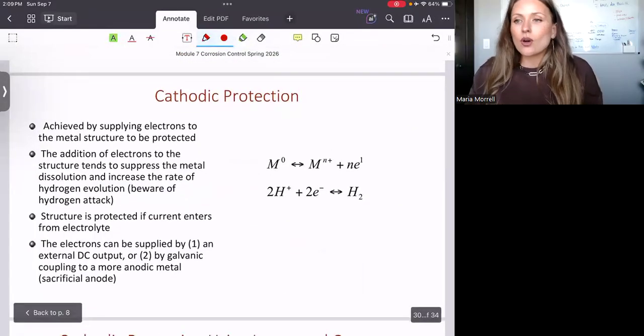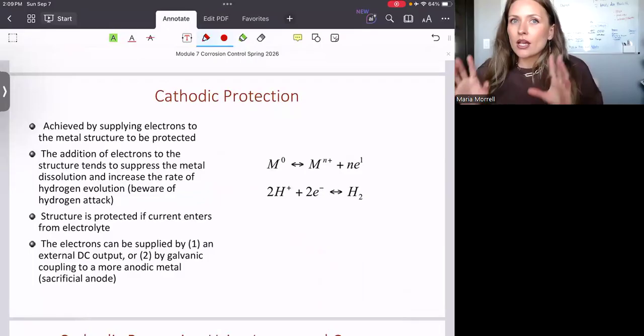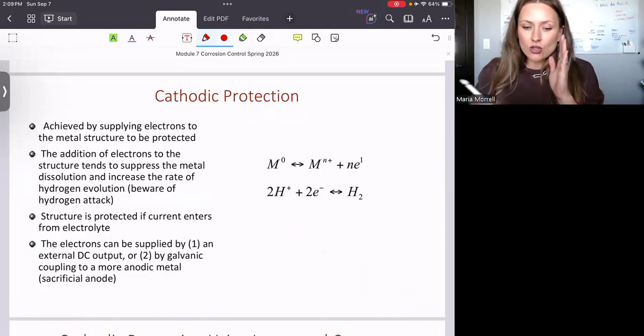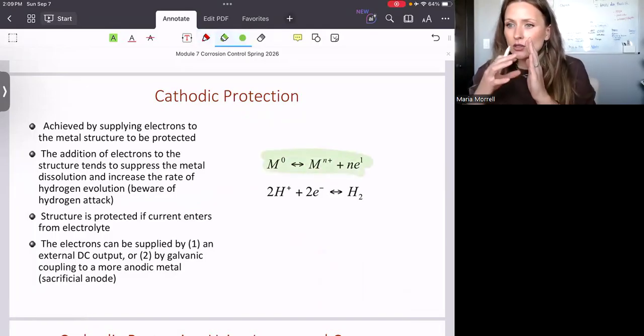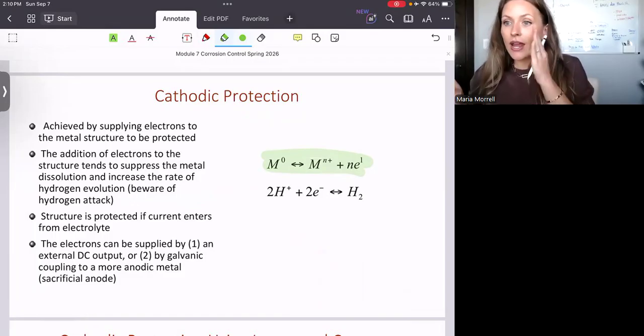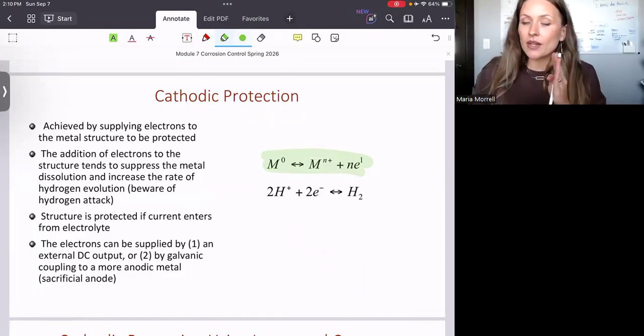Okay, so back to the galvanic cell. You guys remember that whenever I have an anode and the cathode, the anode corrodes, right? And the way you can describe it is that there is this reaction happening, right? You have a dissolution of metal, meaning the electrons flow from the anode to cathode, and that's why the anode degrades and dissolves.